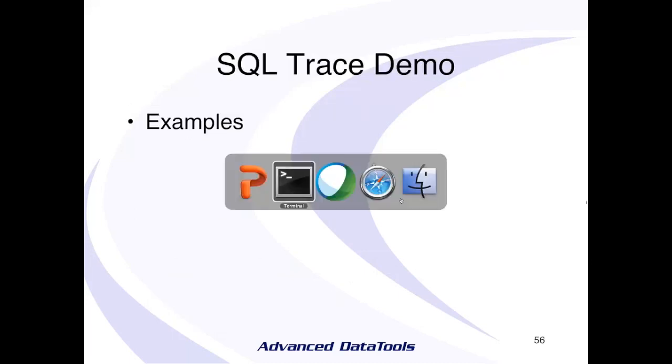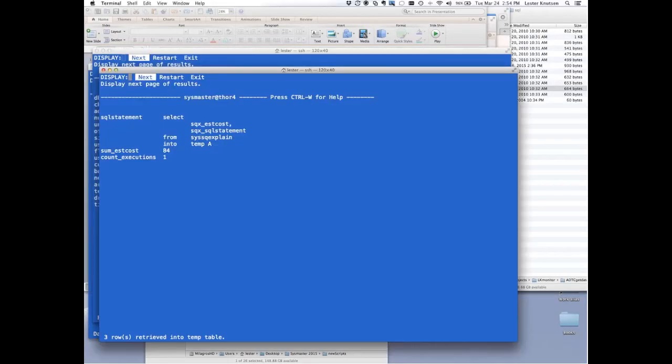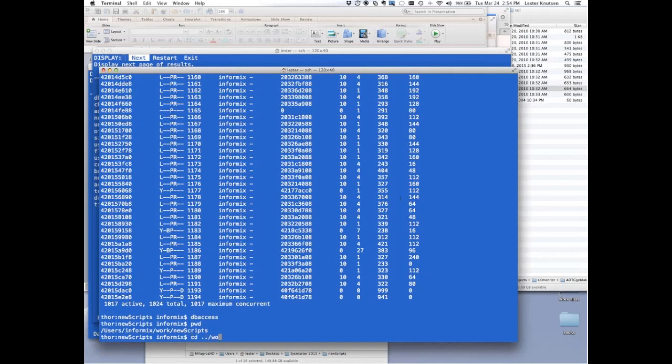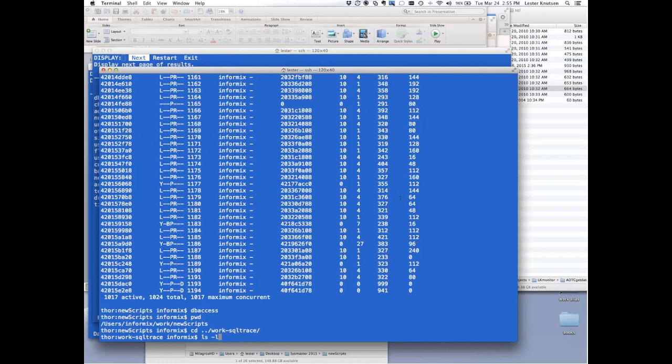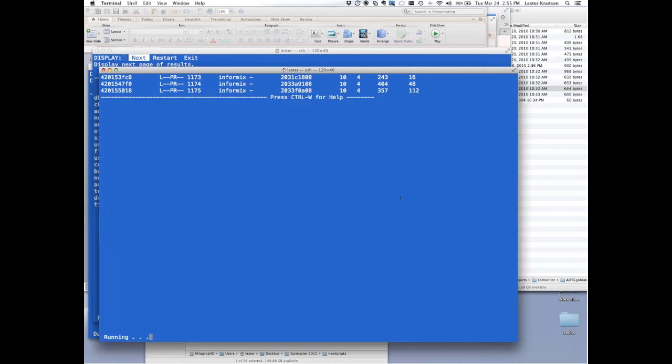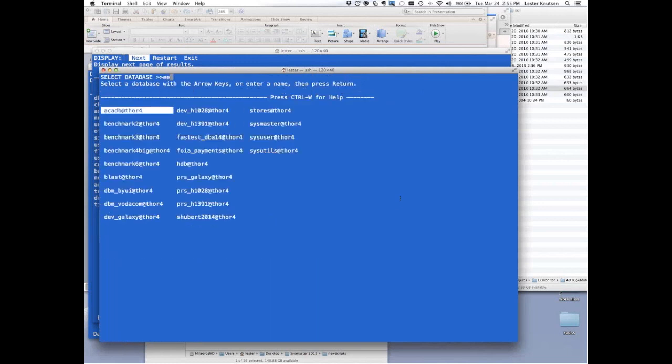So let's take a look at SQL Trace. And let me figure out which machine I'm on here. Thor is the one I need to be on. Before I do this, let me just show you.